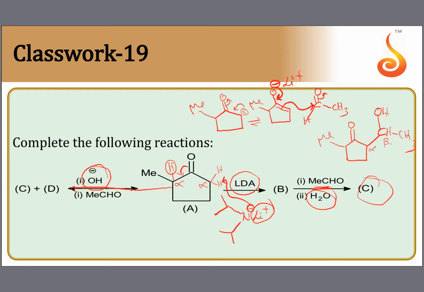This left side alpha carbon becomes carbanion and attacks at acetaldehyde. So CHOH obtained at the left side one. Two options here now, either from left side or from right side. OH minus can take H plus from both sides. If it is taken from right side, this is the product.